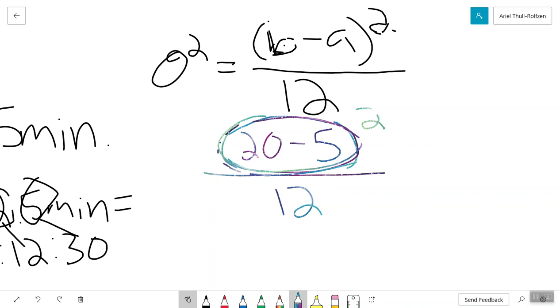We're going to take the 20 minus 5 first, and then we're going to square it. So we get 15 from 20 minus 5, and then we're going to square 15 last. And then we'll take the whole thing divided by 12. And what that gives us, after we're done doing our calculations, is 18.75.